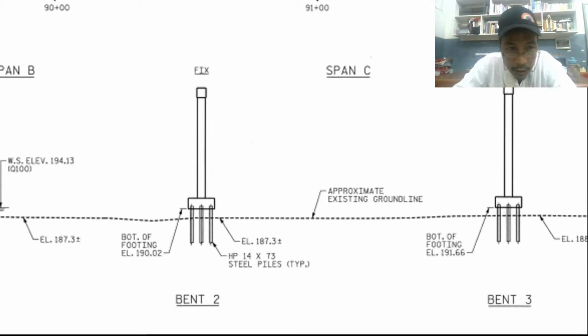And we have span B and span C. For span B, we have WS. That is our water surface elevation. WS meaning water surface elevation. That is the height of the water, 194.13. So that is the surface of water.